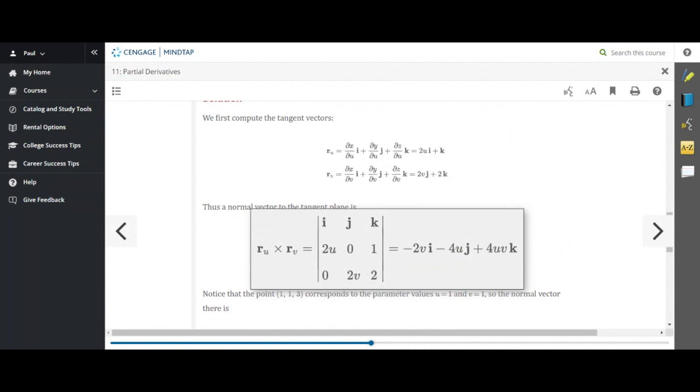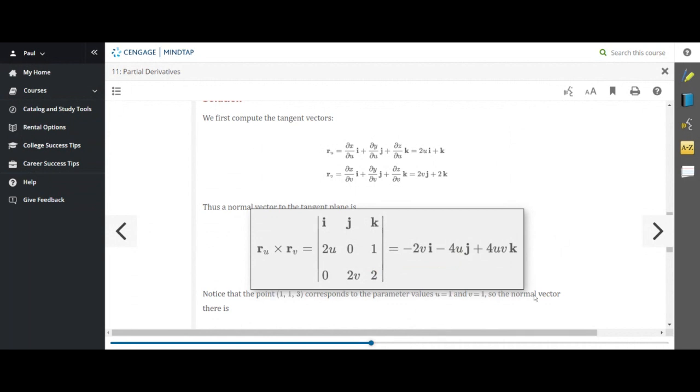So one normal vector will point upward from the plane containing those two derivative vectors. The normal vector corresponding to the cross product in the opposite order will be the other normal vector, pointing downward, below the plane. Okay, so it doesn't matter which you do.